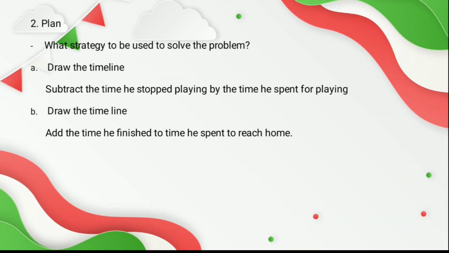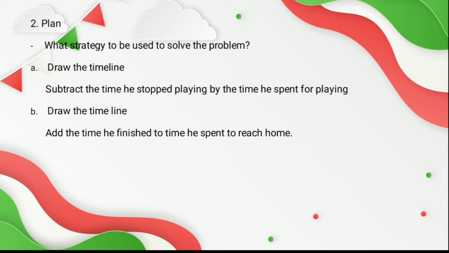Step 2. Plan. What strategy is to be used to solve the problem? Option A. Draw the timeline and subtract the time he spent playing from the time he stopped playing.